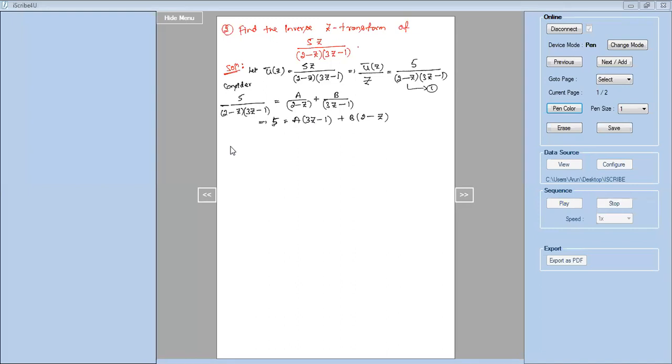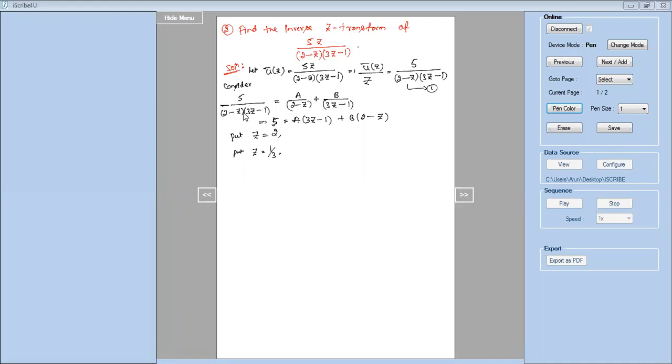So let us put z is equal to. What are the roots here? From this I can write 2 is equal to z, or z is equal to 2. The first root is z is equal to 2. And the next root, 3z is equal to 1, then z is equal to 1 by 3.